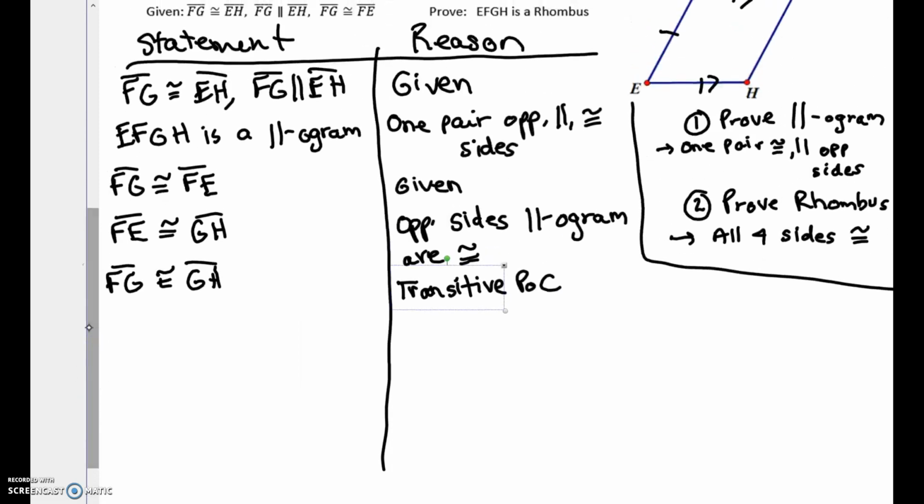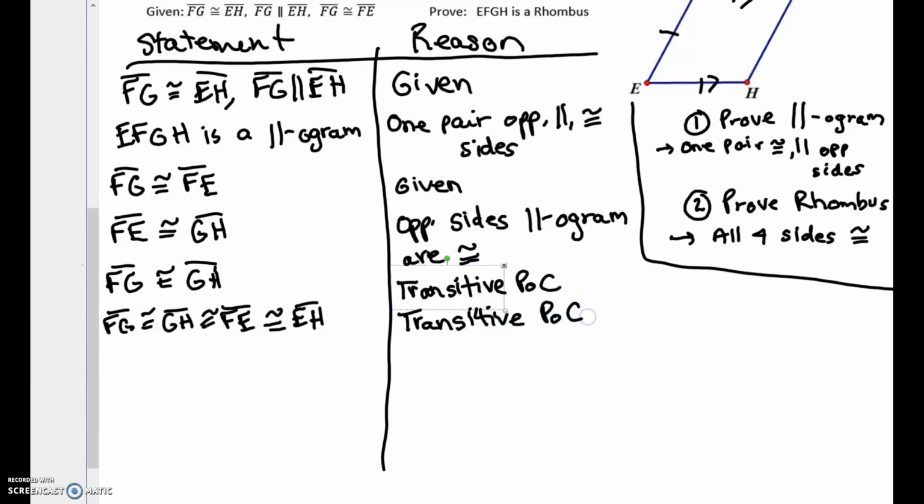We've got all sides relating to FG, so I'm going to do this long line where I say that FG is congruent to GH, which is congruent to FE, which is congruent to, what's my last side, EH. And I'm going to say that's by transitive many, many times. It's a little bit of a cheat, but I think it's okay, guys, rather than showing each individual side is congruent to each other individual side.